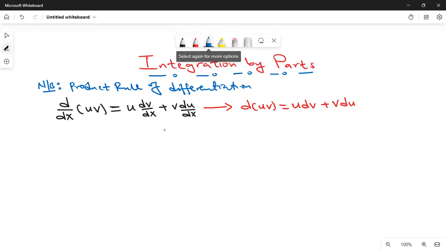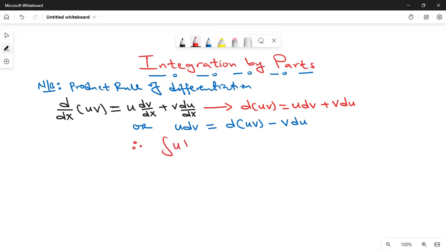Or I can rearrange it so that u dv is the subject: u dv is the same as d(uv) minus v du. And then integrate both sides. So the integral of u dv is equal to the integral of d(uv) minus the integral of v du.